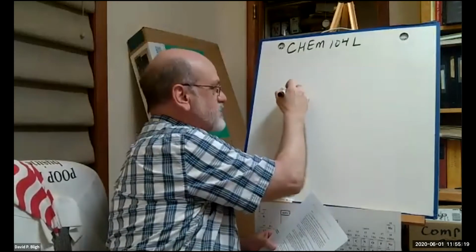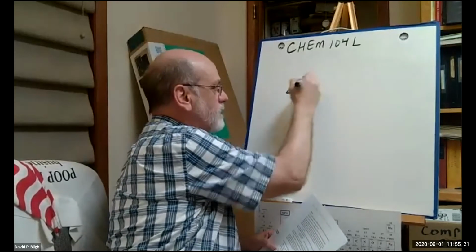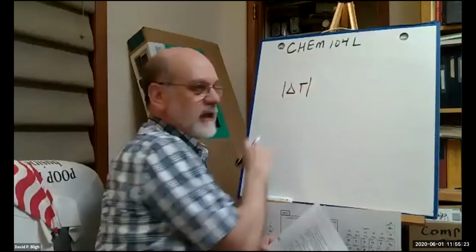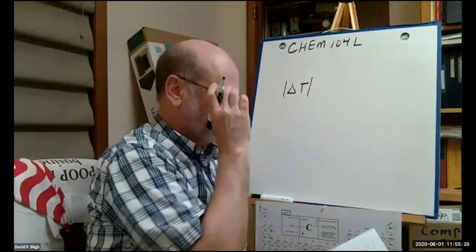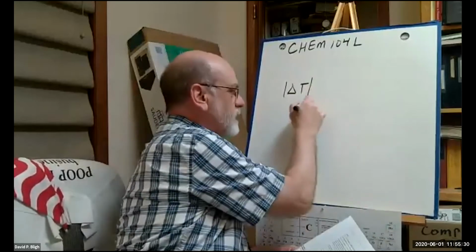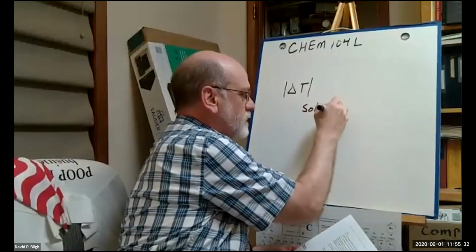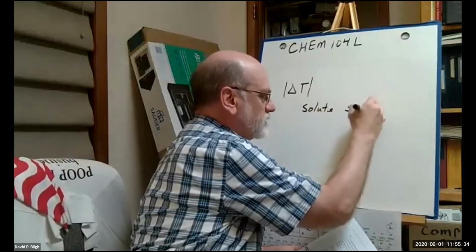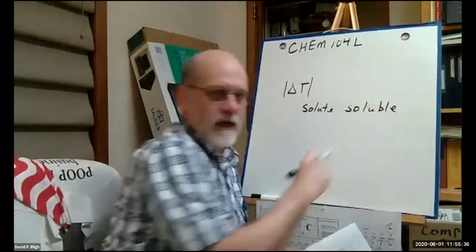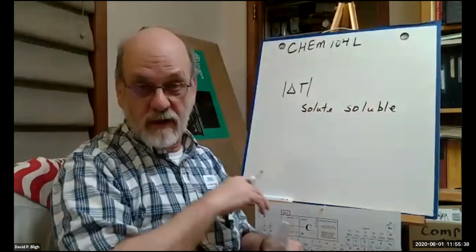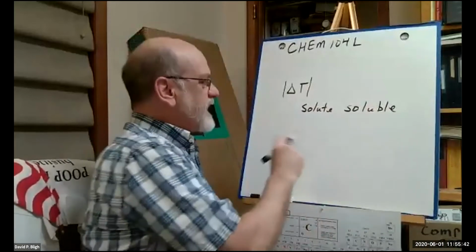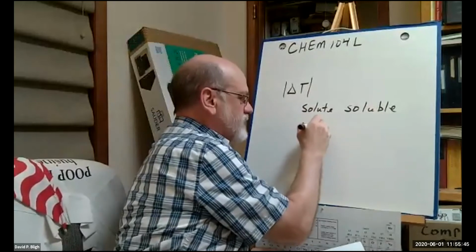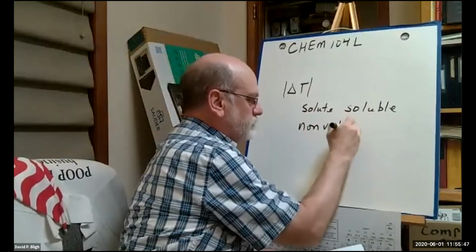If you want to see a change in freezing point or boiling point, first of all, the solute must be soluble. If you don't form a solution, then you're just wasting your time. But the next most important is it has to be non-volatile.